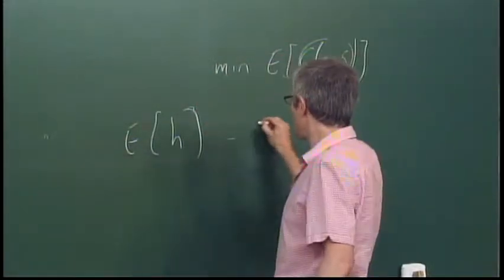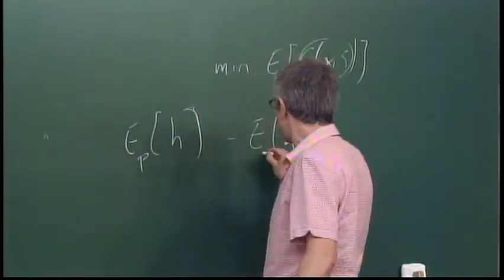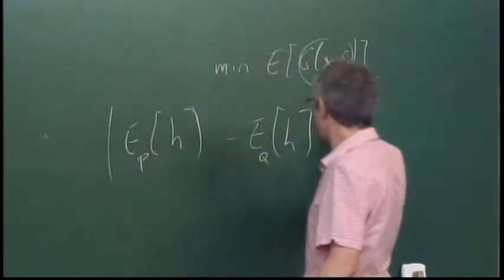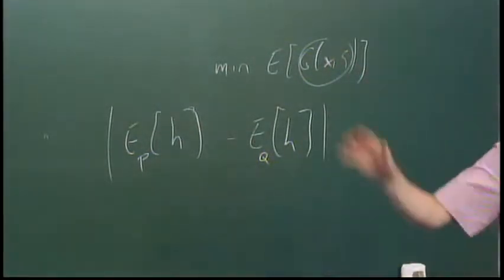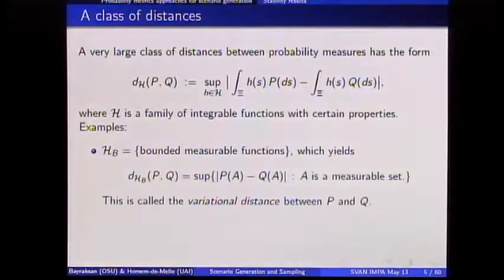Now there is no optimization going on, so it's just the expected value under p minus the expected value under q. And then I take the maximum over all functions in that class, right? So for example, if I take this class H to be any bounded function, that's one possibility. Take h being any function that you want, well, bounded, and measurable, okay?